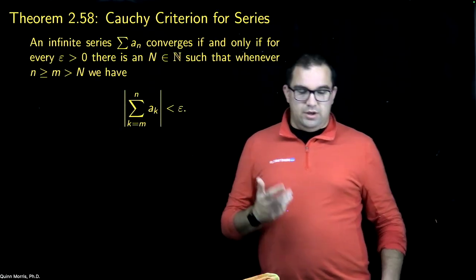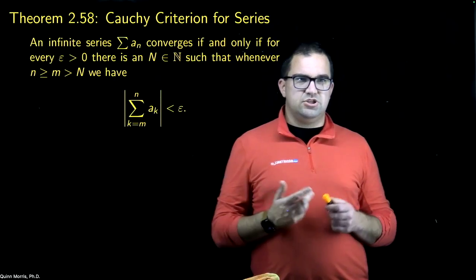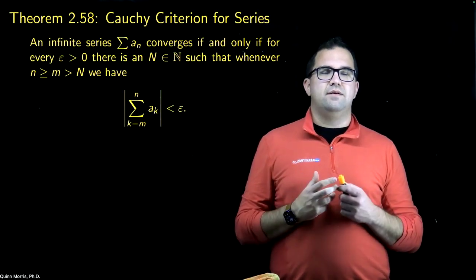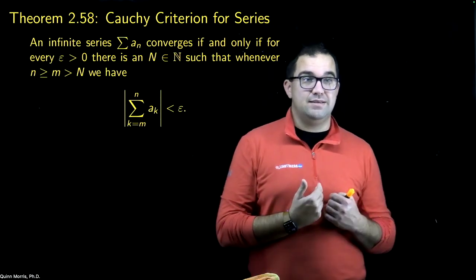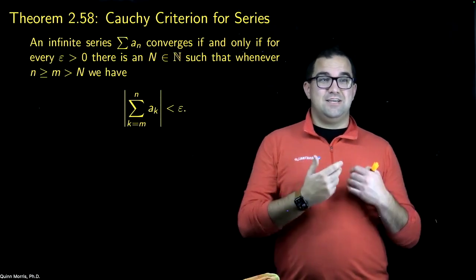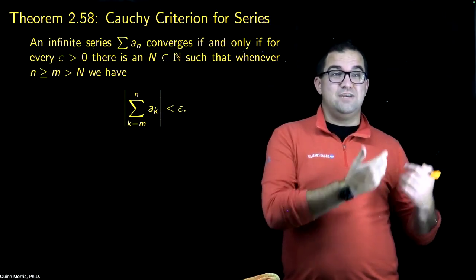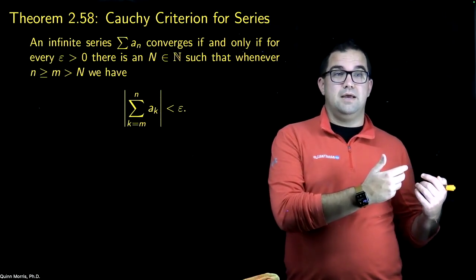Now, the last thing I want to look at is just to recognize that we can get some quick and easy results about series from the fact that a series is really just a sequence of partial sums. Okay.